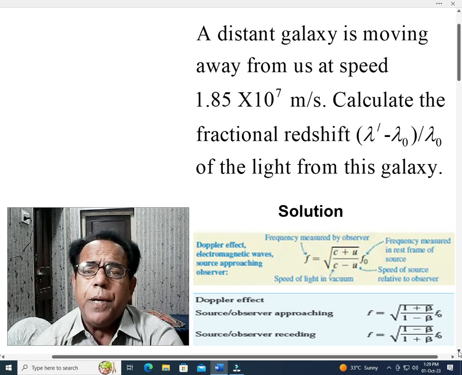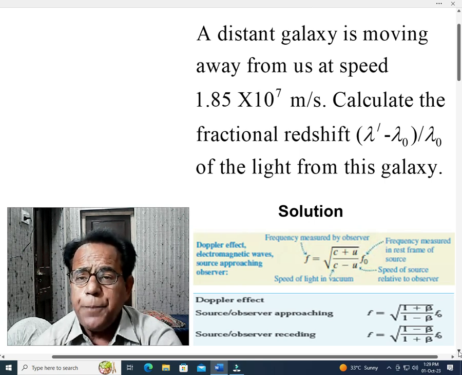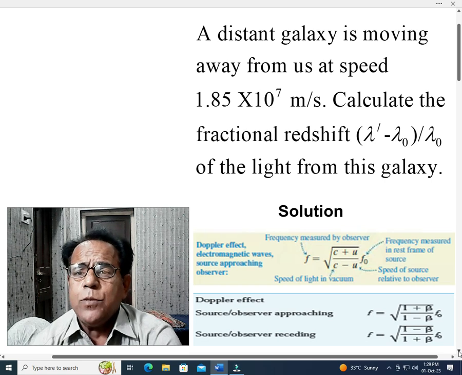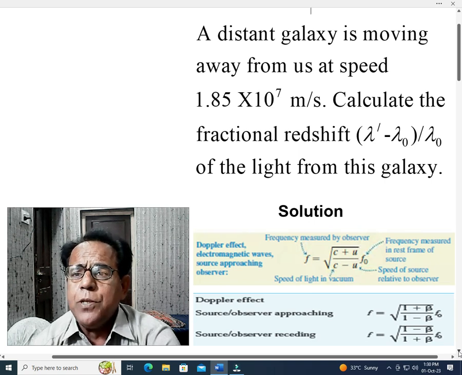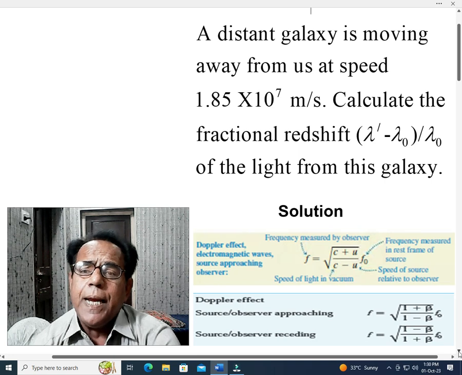Doppler effect, electromagnetic waves, source approaching observer: f = √((c+u)/(c−u)) × f₀, where f is the frequency measured by the observer, f₀ is the frequency measured in the rest frame of the source, u is the speed of the source relative to the observer, and c is the speed of light in vacuum.